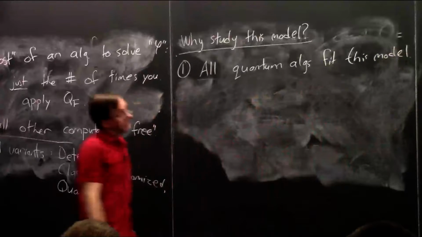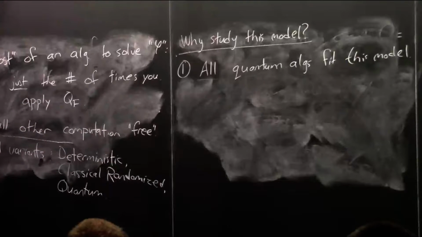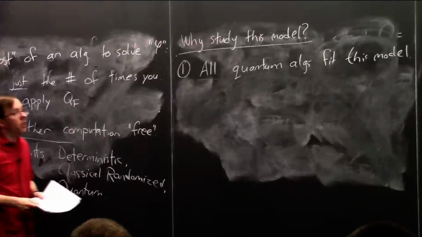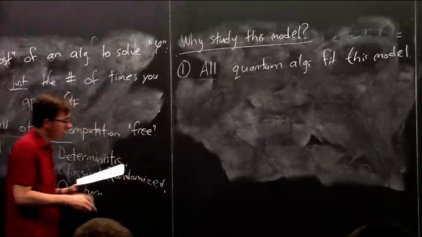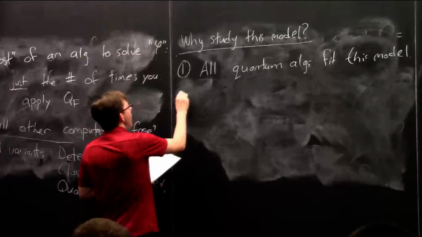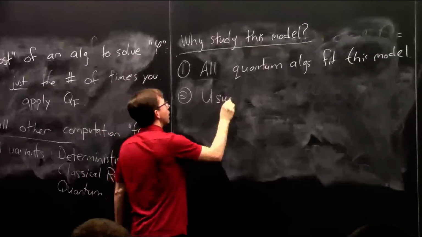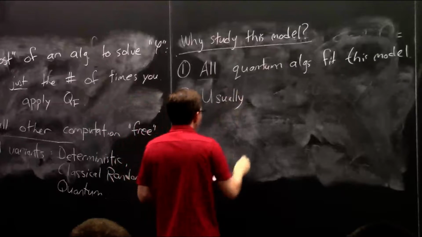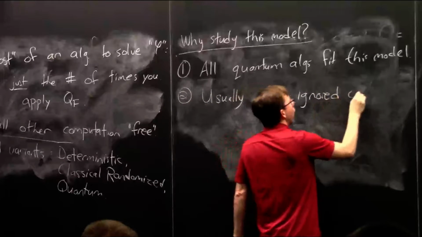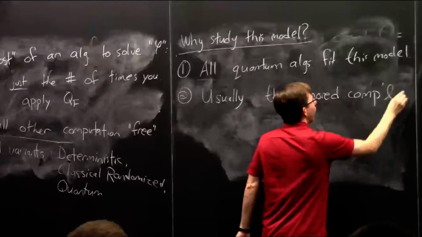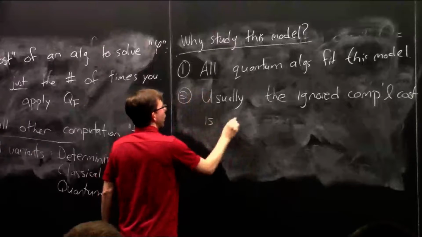Okay, so in light of that, it seems worth codifying the model and trying to study it in its own right, since the algorithms we've been studying all sort of fit into it. Two, I mentioned this in words before, but usually the ignored computational cost is pretty cheap.